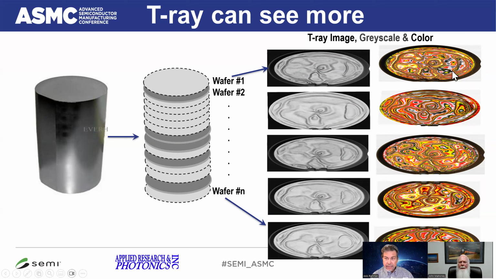The grayscale and colored images are both from T-ray, but since they are in the same sequence, one after another separated from the boule, the features in all of them are the same kind, except for slight variation. And the slight variation is happening because of the way crystal deposition happened.